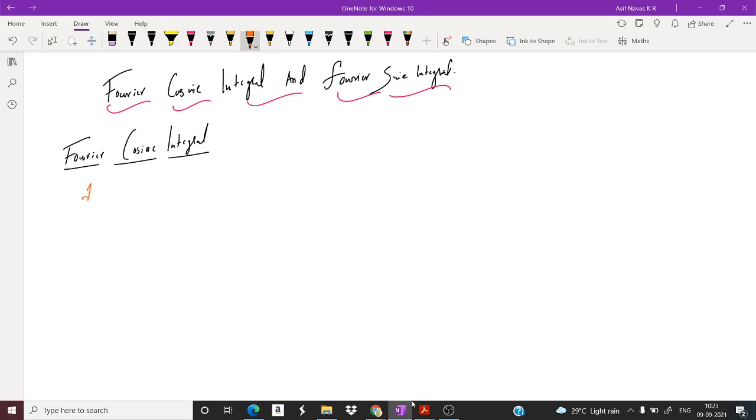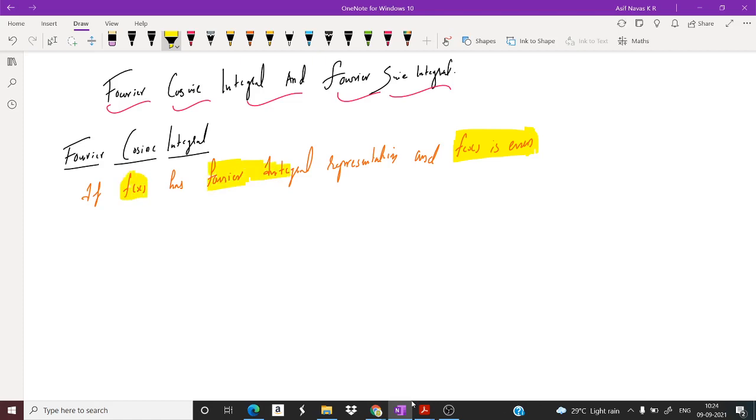So, if f of x has a Fourier integral representation and f of x is an even function. We know that for a Fourier series, if f of x is even, we get a Fourier cosine series, and if f of x is odd, we get a Fourier sine series.